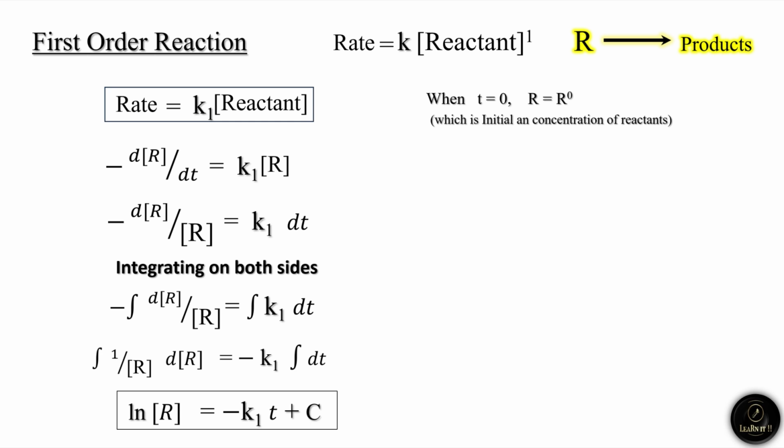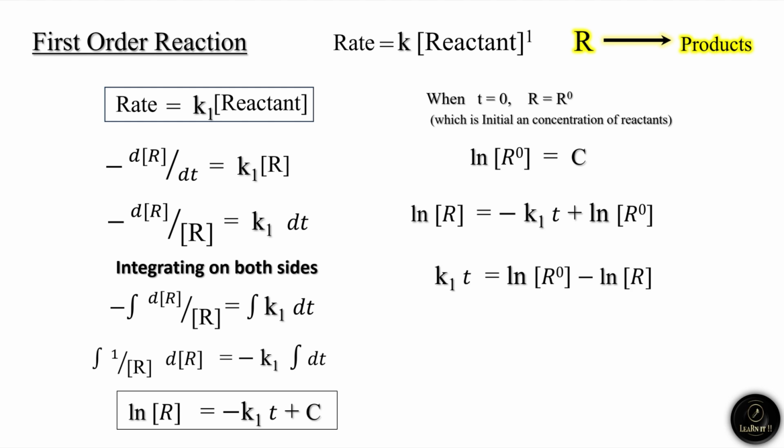So we get ln[R]naught is equal to C. If we put this value in the earlier equation, we get ln[R] is equal to minus K1 into T plus ln[R]naught. When we rearrange, we get K1 into T is equal to ln[R]naught minus ln[R].